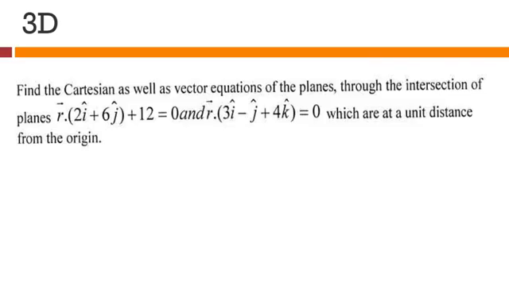There are a lot of other questions coming from 3D, like a plane passing through the intersection of 2 lines, with one more condition given. To get the plane we need a normal and a point on it.